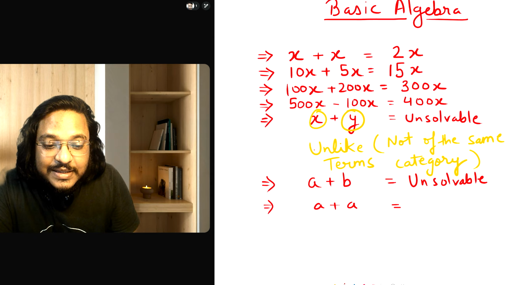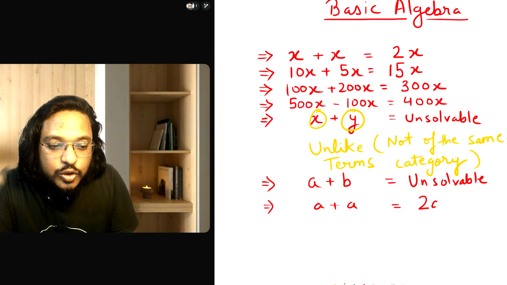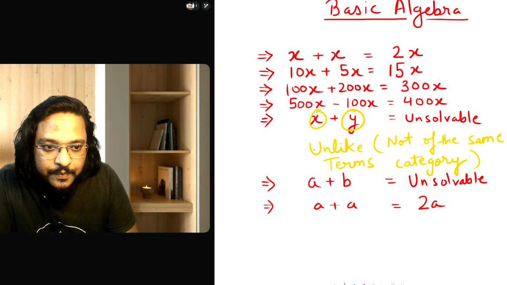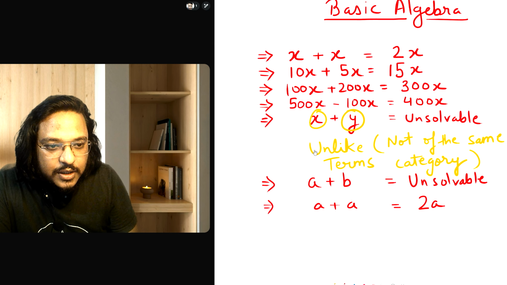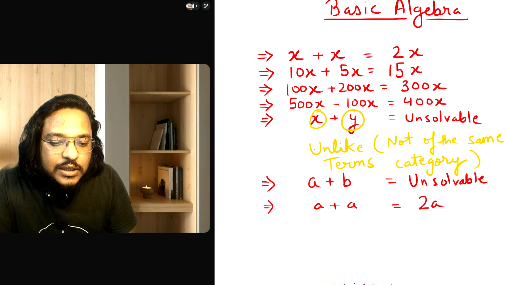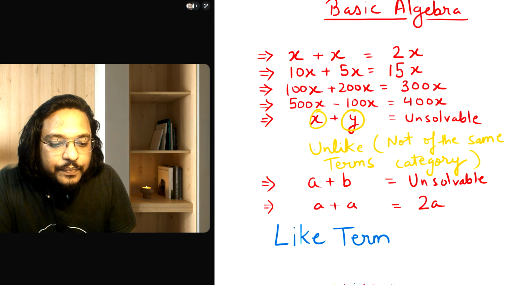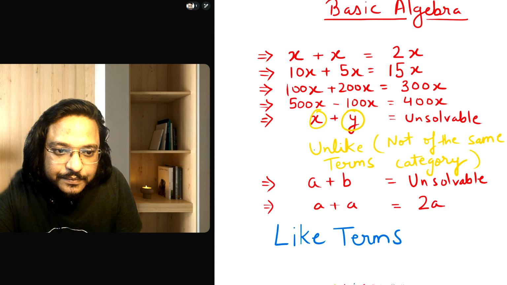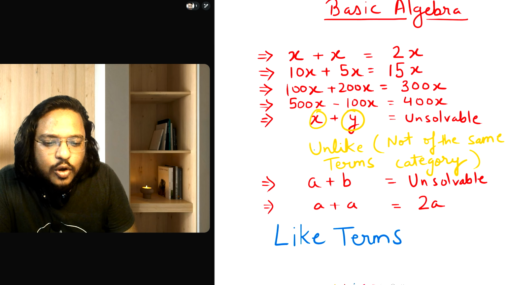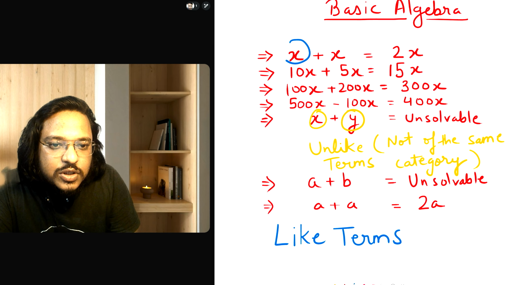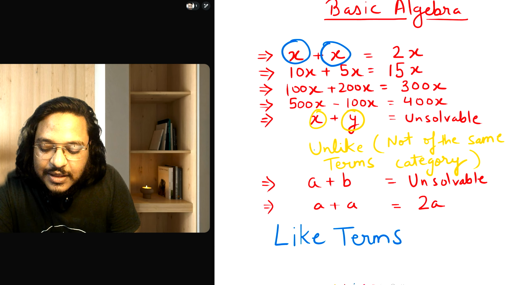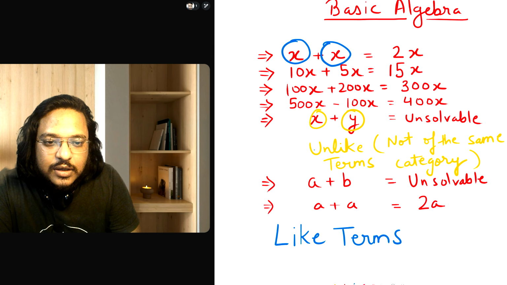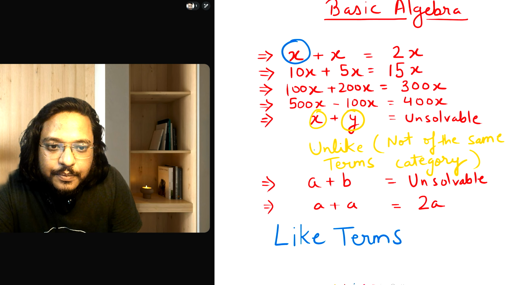Now look, they are the same letters. So 2a. This concept that I've just taught you is called like terms. In algebra, it's a very, very important concept that two terms can only add or subtract when they are made using the same letter.